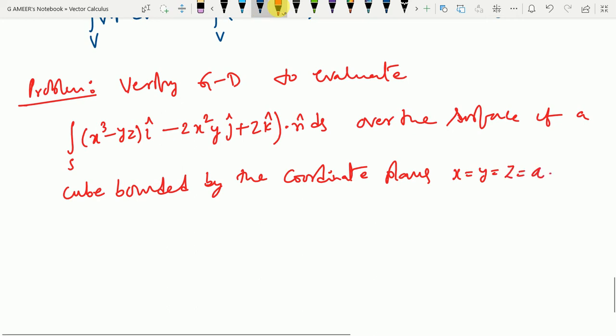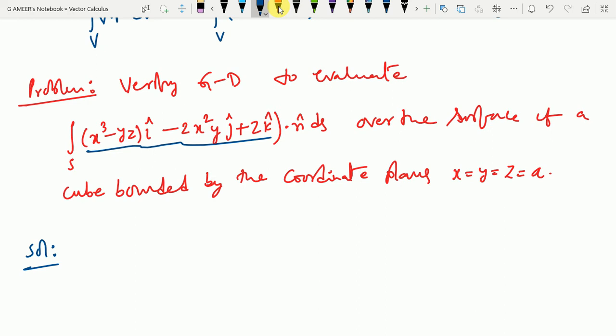Okay, so now let us look at this problem. They have given the closed surface, which is bounded by the coordinate planes x equal to a, y equal to a, z equal to a. Now I need to calculate this vector field F dot n cap dS.